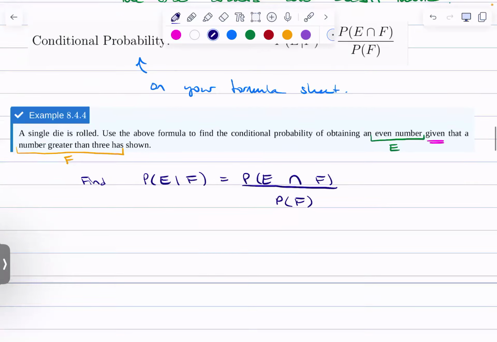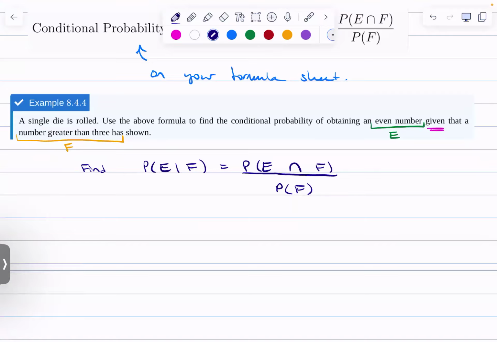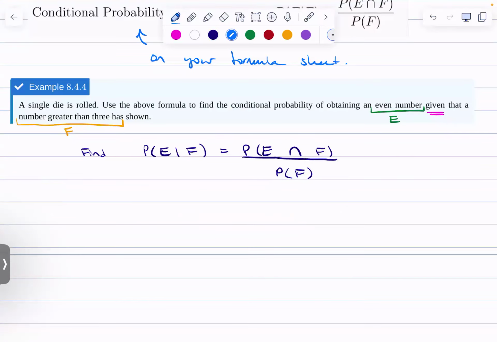Now, E and F in words is an even number and greater than 3, not including 3.